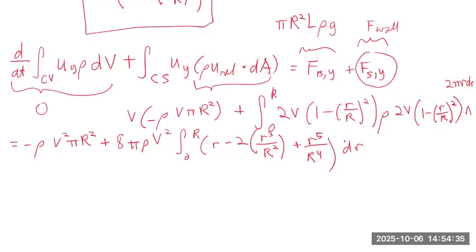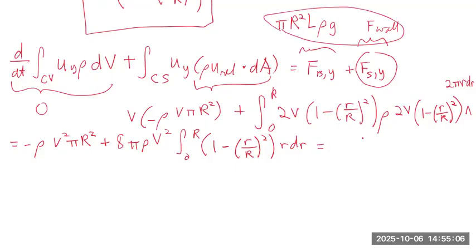Wait, hold on. Sorry, I wrote it wrong. It's supposed to be this. Okay, and then we have 1 minus r over R squared, times r dr, and this is equal to what we said over here, which is the weight, rho g pi r squared L, minus the F wall.